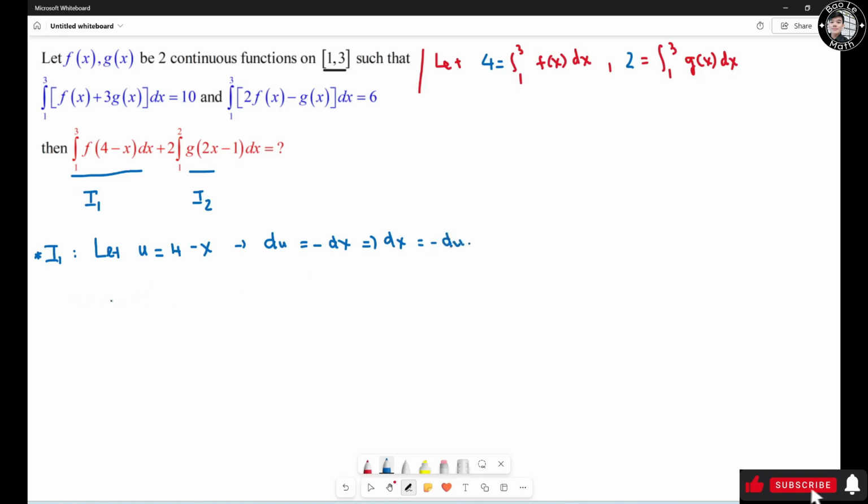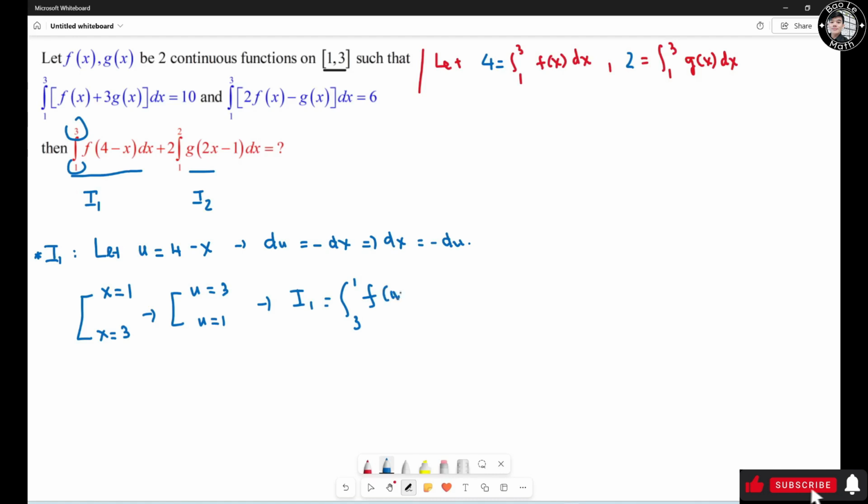Now you need to change the upper limit and the lower limit, right? So I have s equals 1, s equals 3 right here, right? So we have u equals, substitute over here. So u equals 3 and u equals 1, right? So then I1 becomes the integral from 3 to 1, right?